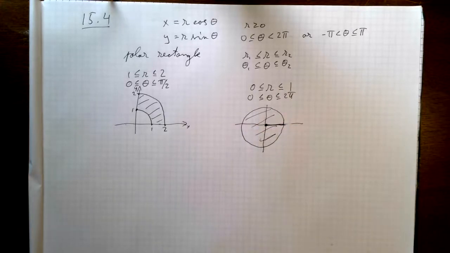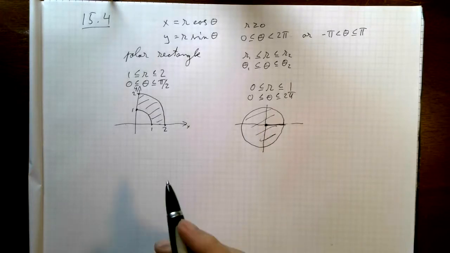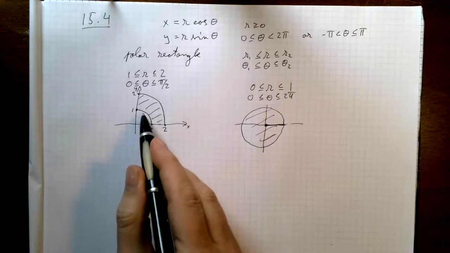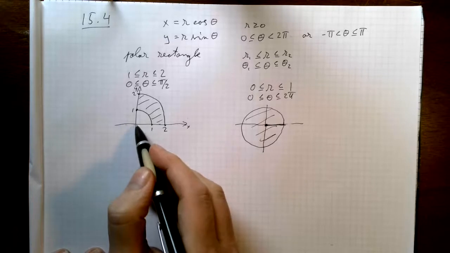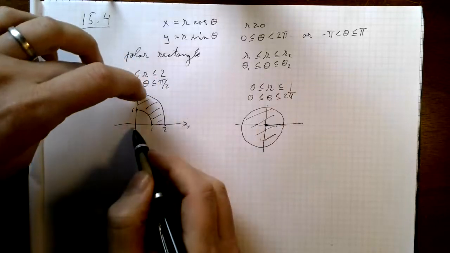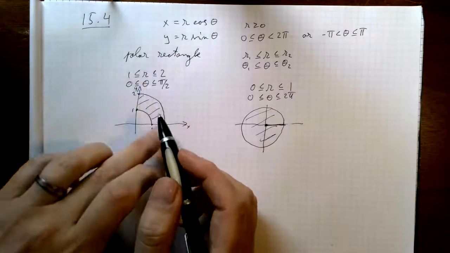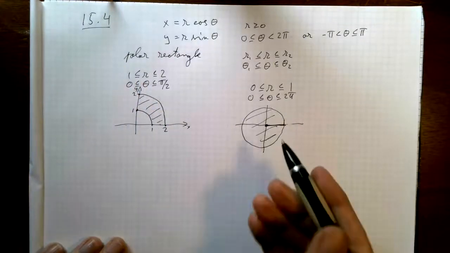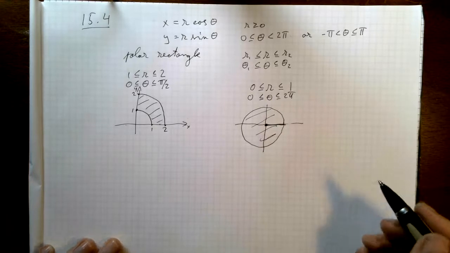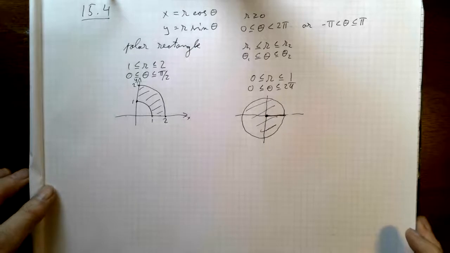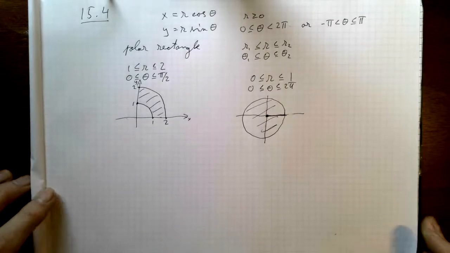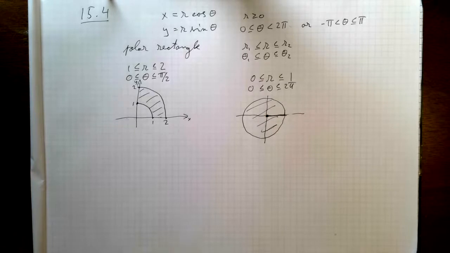Those are the four sides of the rectangle, and one of them just is squished to a single point. If we move this side to the origin, it gets squished, and then we extend all the way around. So a disk like this is a polar rectangle, even though it doesn't look much like a rectangle. Oh well, that's the naming.